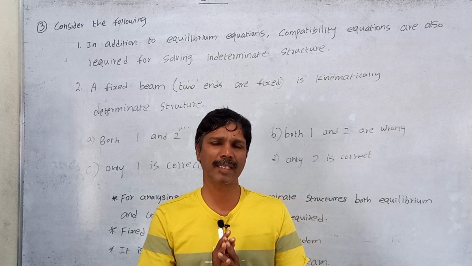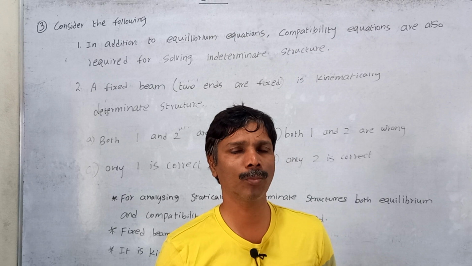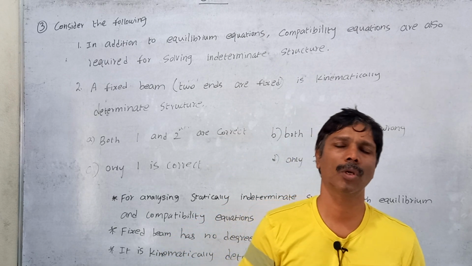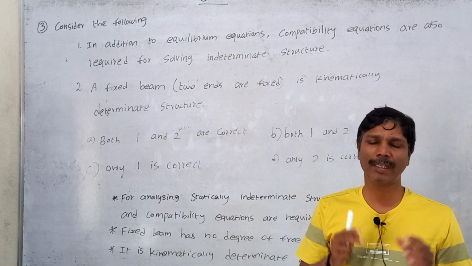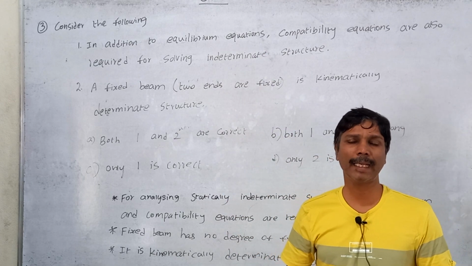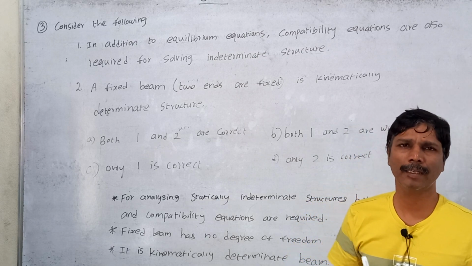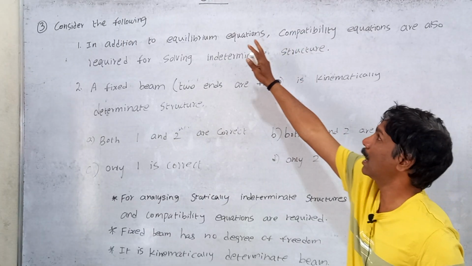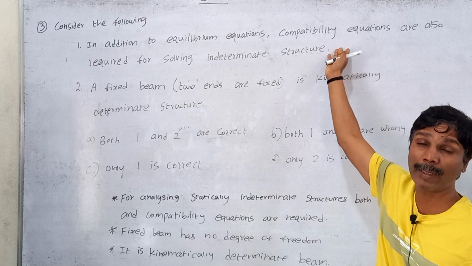In a statically determinate structure, the support reaction can be found using the equilibrium equation alone. But for a statically indeterminate structure, we need two things: the equilibrium equation and the compatibility equation.